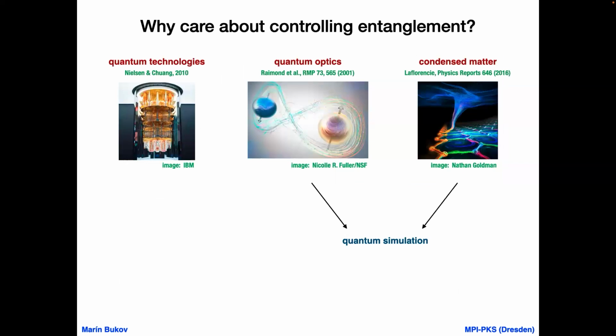Now, besides quantum technologies that I already mentioned, entanglement is also fundamental to quantum optics, where, for instance, you can entangle photons using beam splitters, or also to condensed matter physics, where we're interested in studying ground states of interacting systems, and in particular, a specific class of systems, the so-called spin liquids, have essentially long-range entangled ground states.